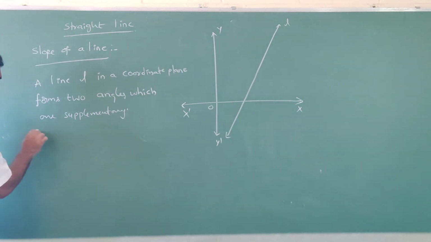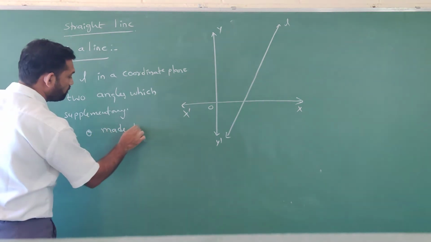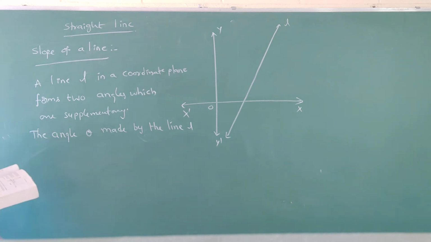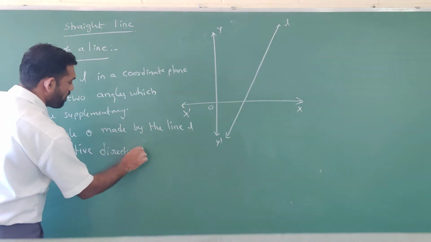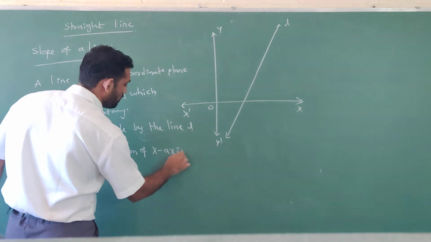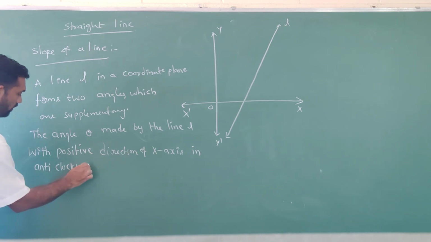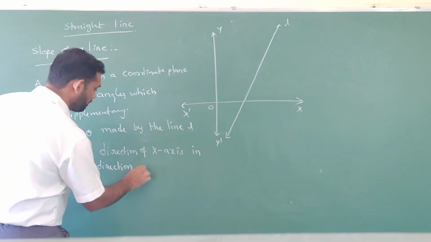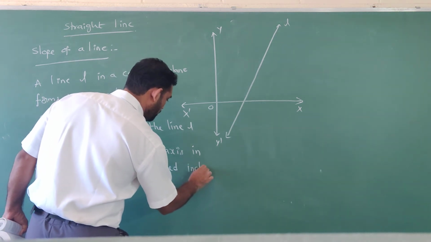The angle theta made by the line L with the positive direction of x-axis in anti-clockwise direction is called the inclination of the line.